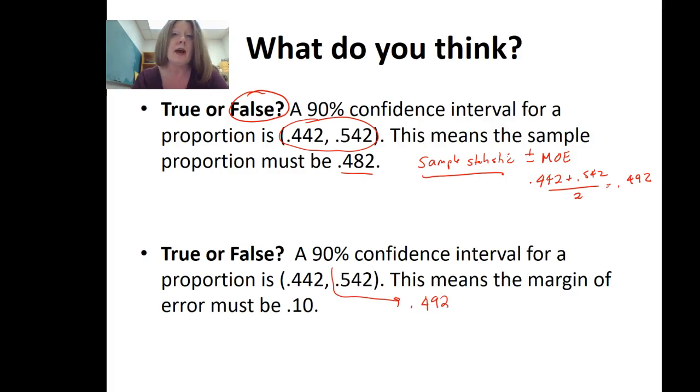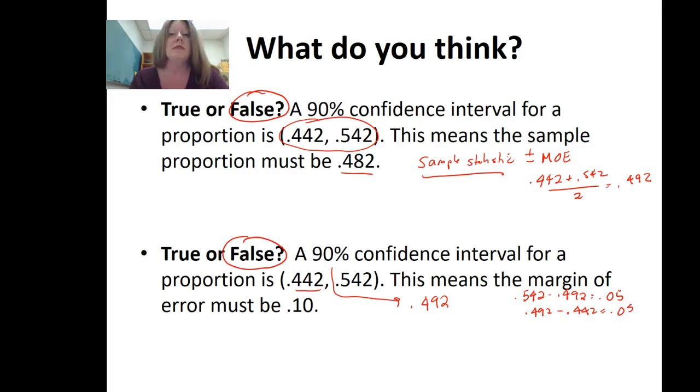So I need to figure out how far away 0.492 is from 0.542 and 0.442. So it's going to be an equal distance away from each of those bounds. So one thing I could easily do is take 0.542, subtract 0.492, and that's going to give me 0.05. Similarly, I could take 0.492, subtract the lower bound, 0.442. Again, that's 0.05. So the margin of error is 0.05, not 0.10.